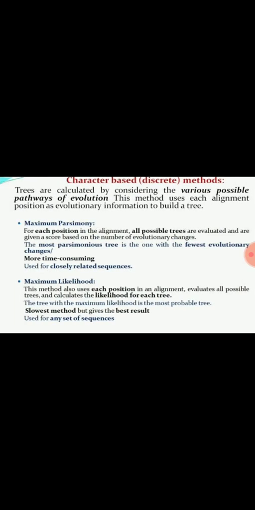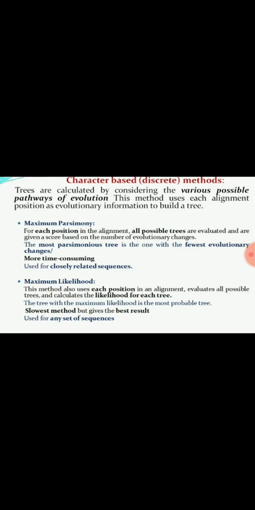Okay, we'll go for the second method of this phylogenetic analysis, the character-based method or the discrete-based method. In this, trees are calculated by considering the pathway of evolution, or the various possible pathways of evolution.